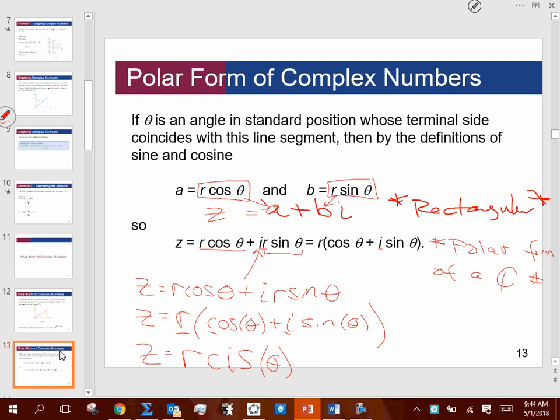Theta, how do I find theta? Well, let's think about this. If I'm looking at some point up here, z equaling a plus bi, and there's a, there's b, the right triangle, there is theta. How do I find theta based off of b and a?